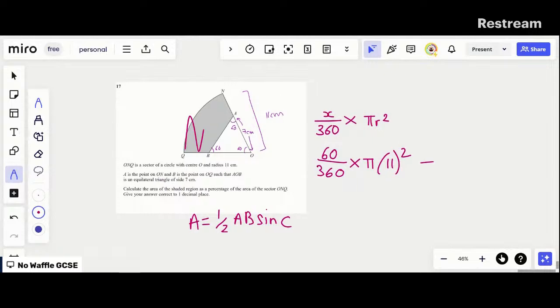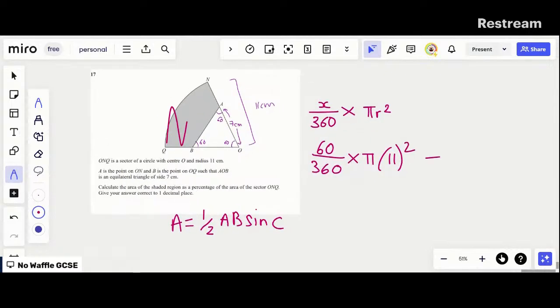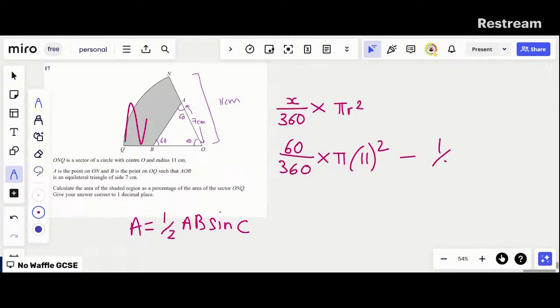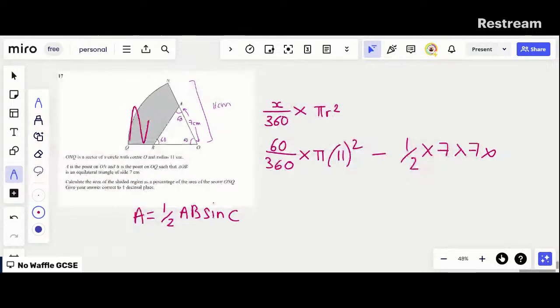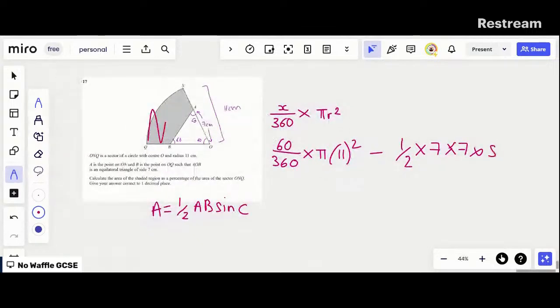And therefore, we then do minus half, and both of the sides are 7, so it'll be half times 7 times 7 times sine of the angle, which is 60. Okay, so you plug those values into your calculator, and you should get that the area of the triangle is 49√3/4.